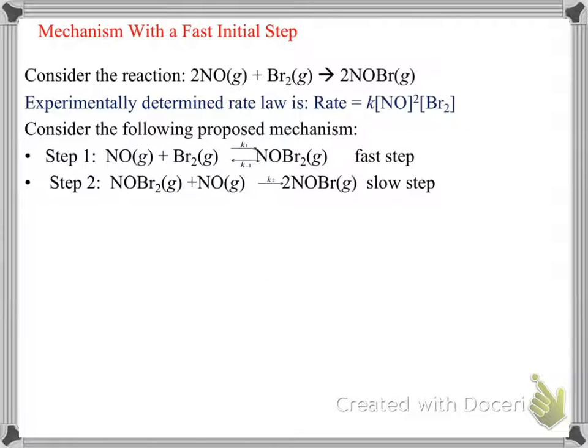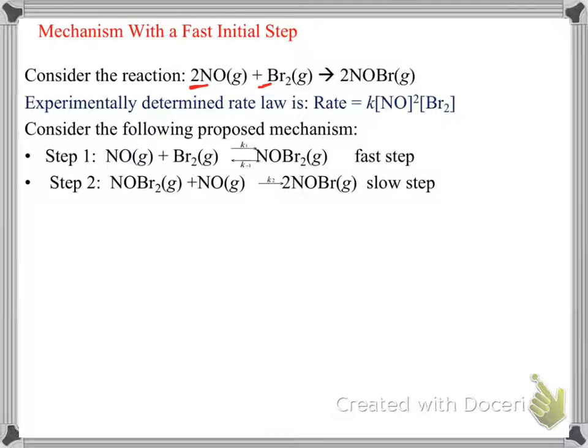Look at this example. It's NO plus Br2 gives you NOBr, and the experimentally determined rate law is rate equals k times second order with respect to NO and first order with respect to Br2. This is the experimentally found rate law. These 2 and 1 have nothing to do with the coefficients.